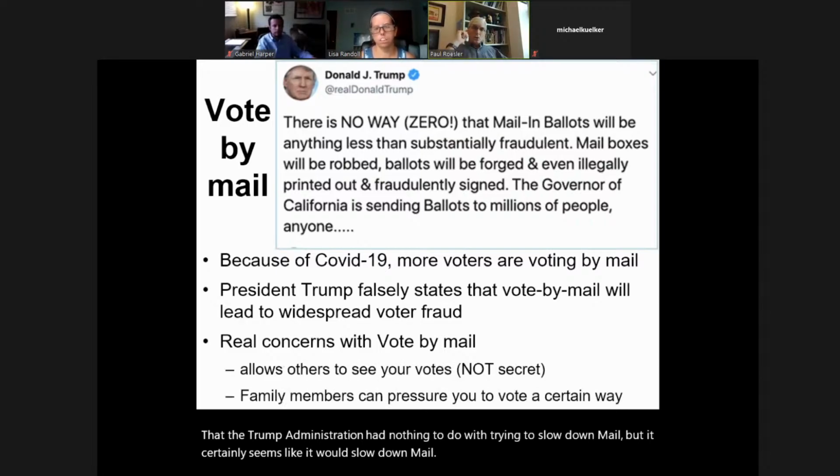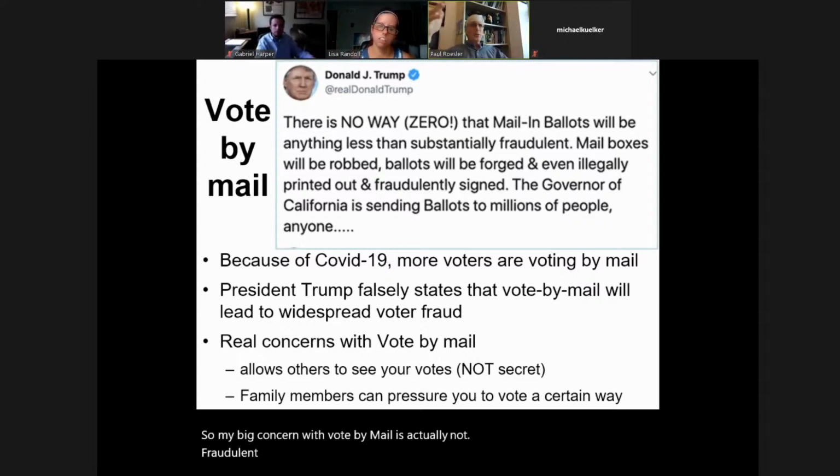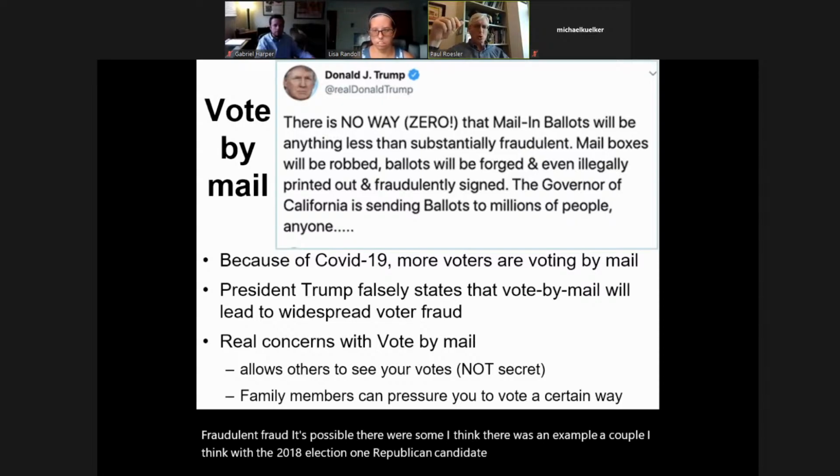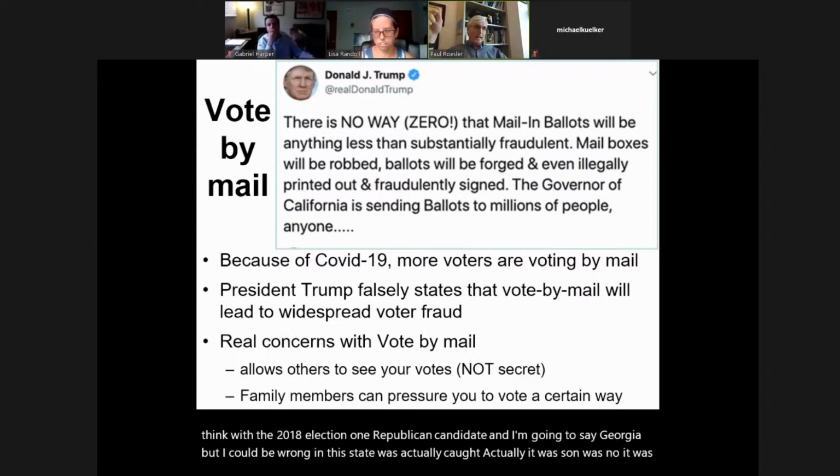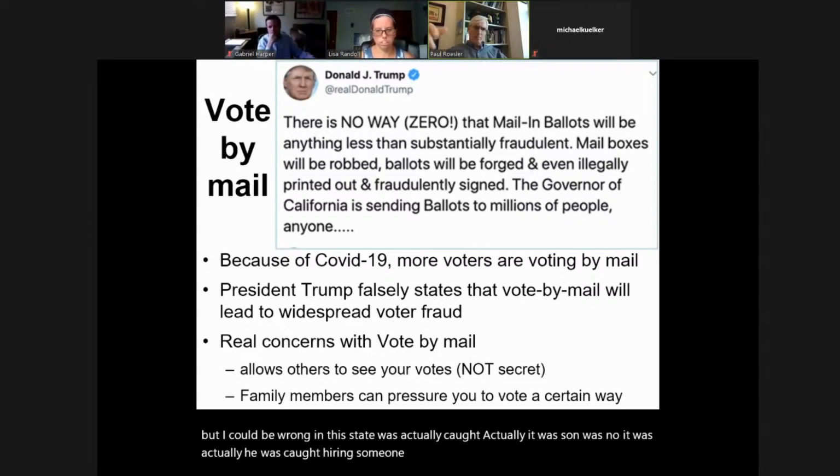So my big concern with vote by mail is actually not fraud. It's possible there were some. I think there was an example in the 2018 election, one Republican candidate in, I'm going to say Georgia, but I could be wrong on the state, who was actually caught. Actually, his son was caught hiring someone to do fraudulent vote by mail.